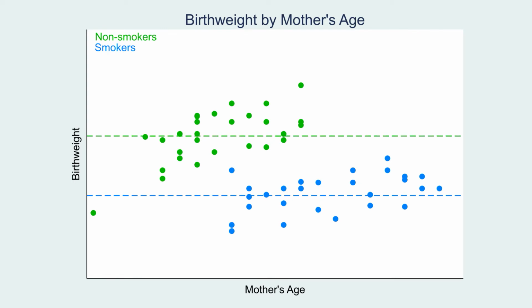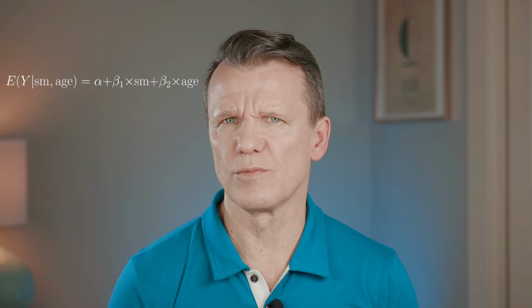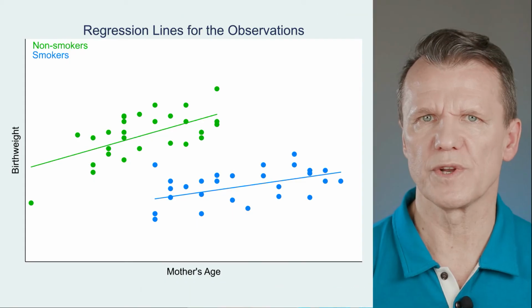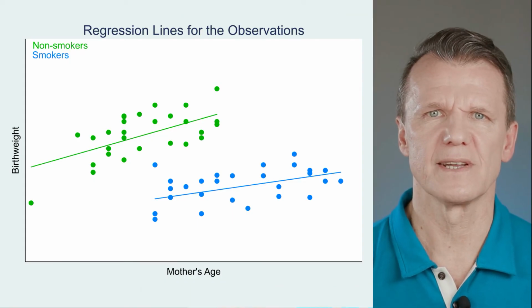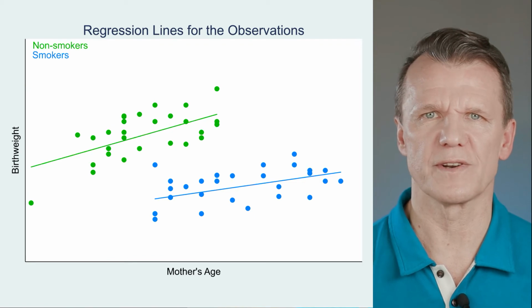This graph also shows age is strongly associated with weight. We may write down a regression model that links weight to both smoking and age. It means we assume the effect of age is the same among smokers and non-smokers. But older mothers were also more likely to be smokers. We need two regression models, one for smokers and a separate one for non-smokers.